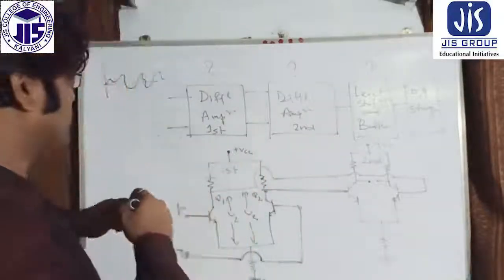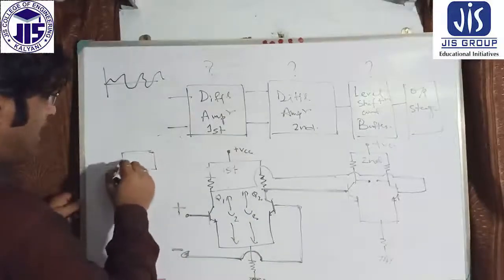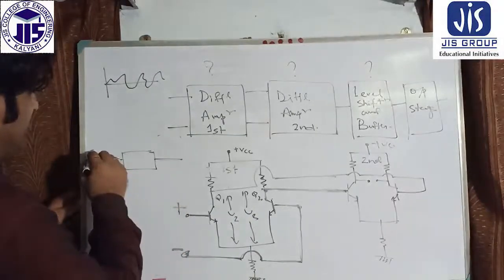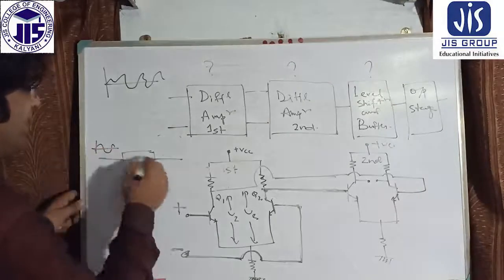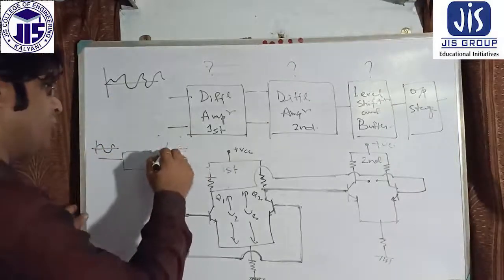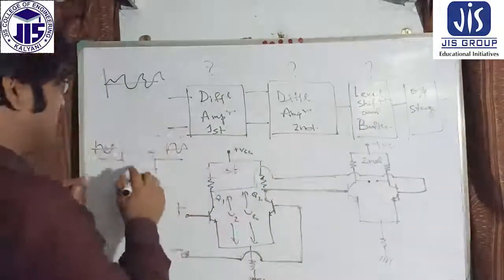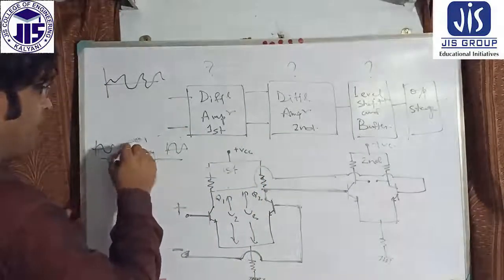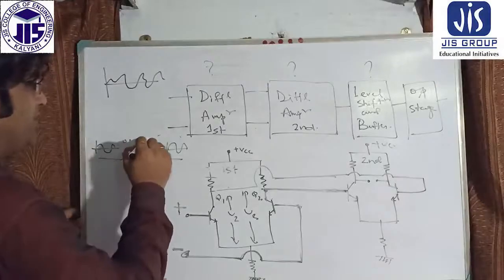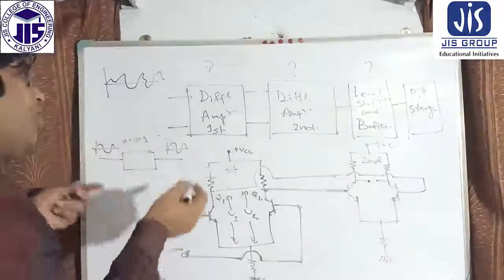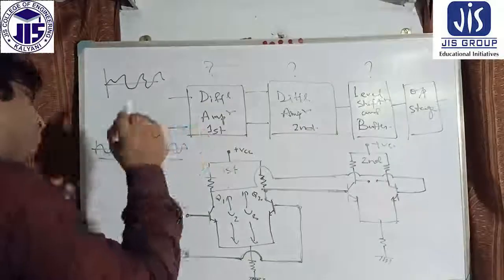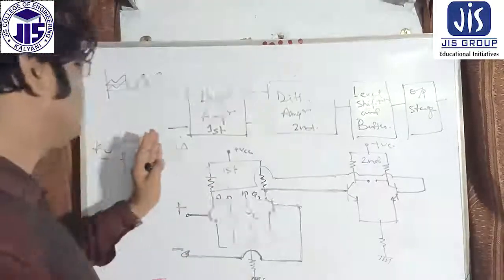Suppose there is a box and an AC signal is introduced here, and it gives the same AC signal as output, but it takes some time, suppose 0.001 millisecond or microsecond, from this side to that side.